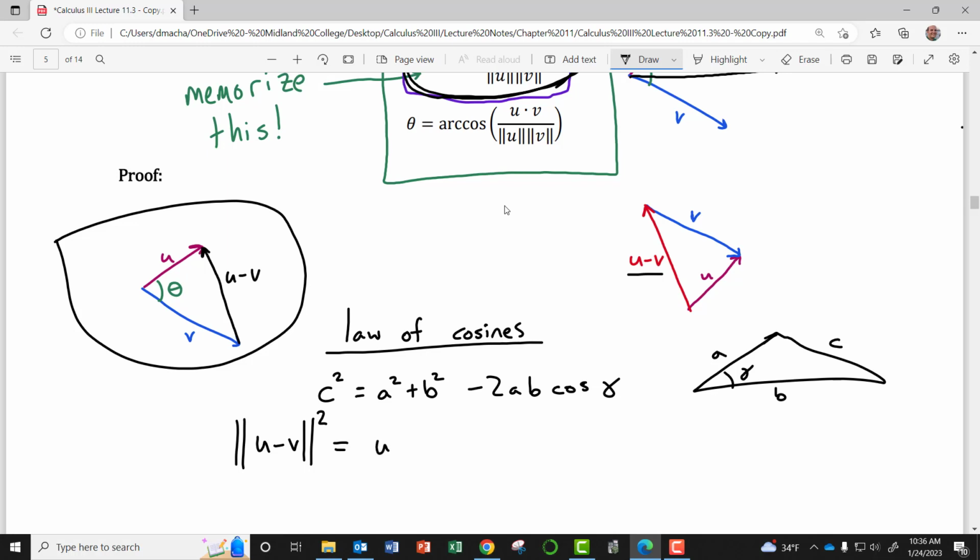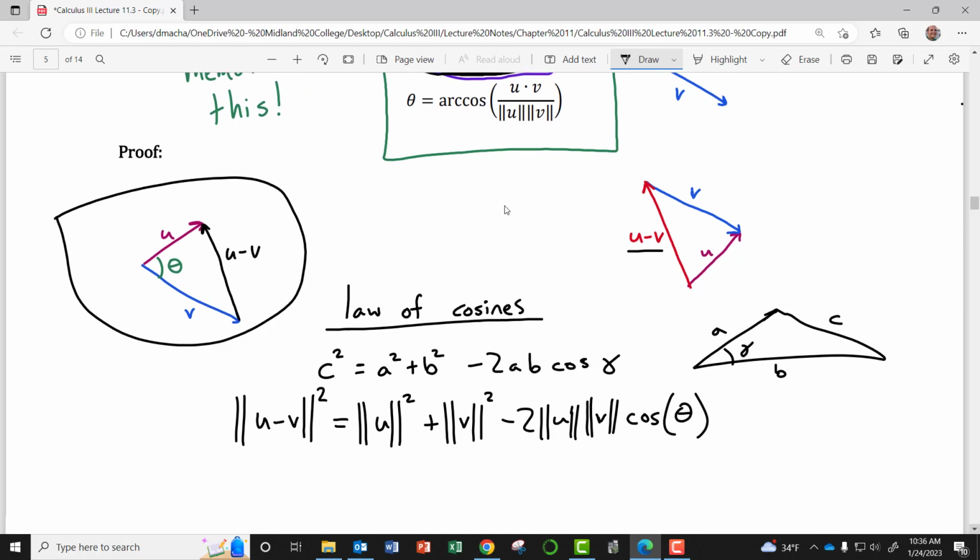Let's call that u, so the side length there would be the norm of u. And then the last side I have to pick is my v side, so b squared is going to be the norm of v squared. And then minus 2 norm of u norm of v cosine of theta now.